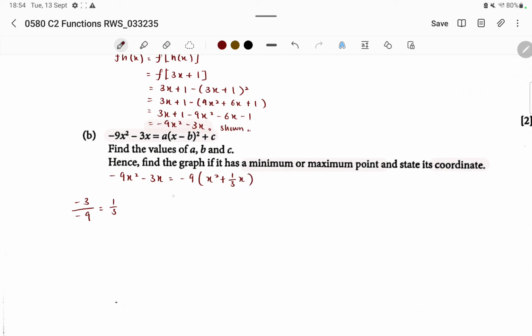And then after that, negative 9, and this one, remove the square, plus 1 over 3 divided by 2, you get 1 over 6. And then square, and then minus 1 over 6 squared, you should get 1 over 36. And then after that, remove the square bracket. So negative 9 multiplied by this one, negative, negative, positive. 9 times 1 over 36, you get 1 over 4.